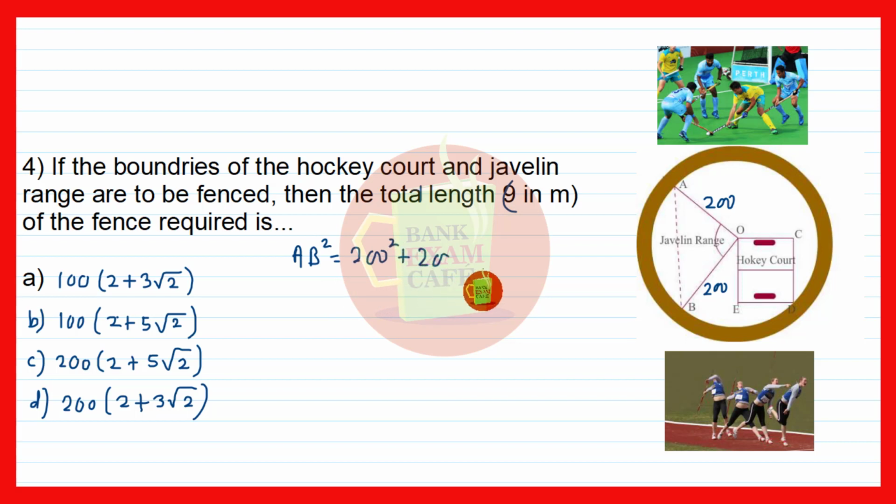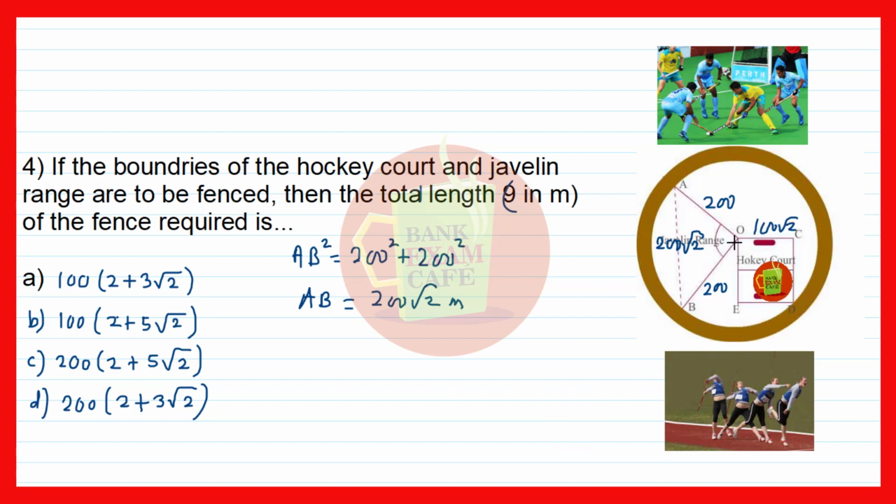If you solve this and take the square root of both sides, you get AB equal to 200 root 2 meter.